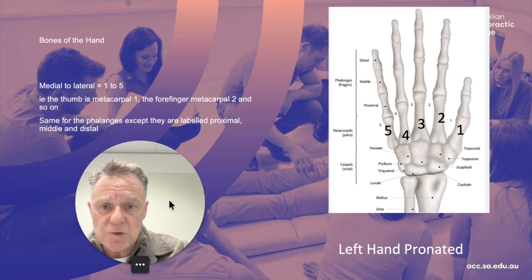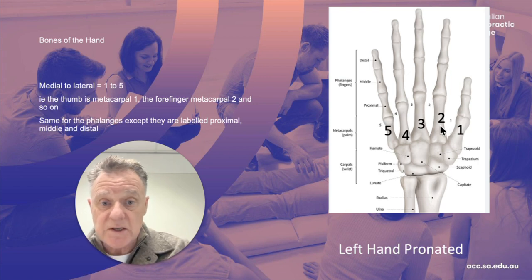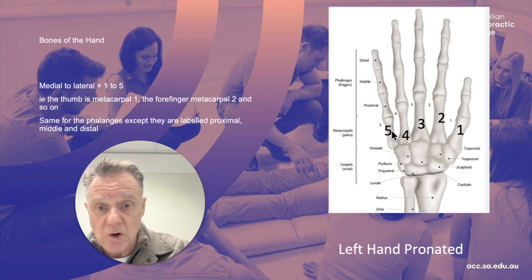And then, of course, if they're the carpals that we've looked at, the metacarpals are obviously in the distal aspect of the distal row of the carpals, and we talk about metacarpal 1, 2, 3, 4 and 5, with 1 being the thumb, then the index finger, middle finger, ring finger and small finger.